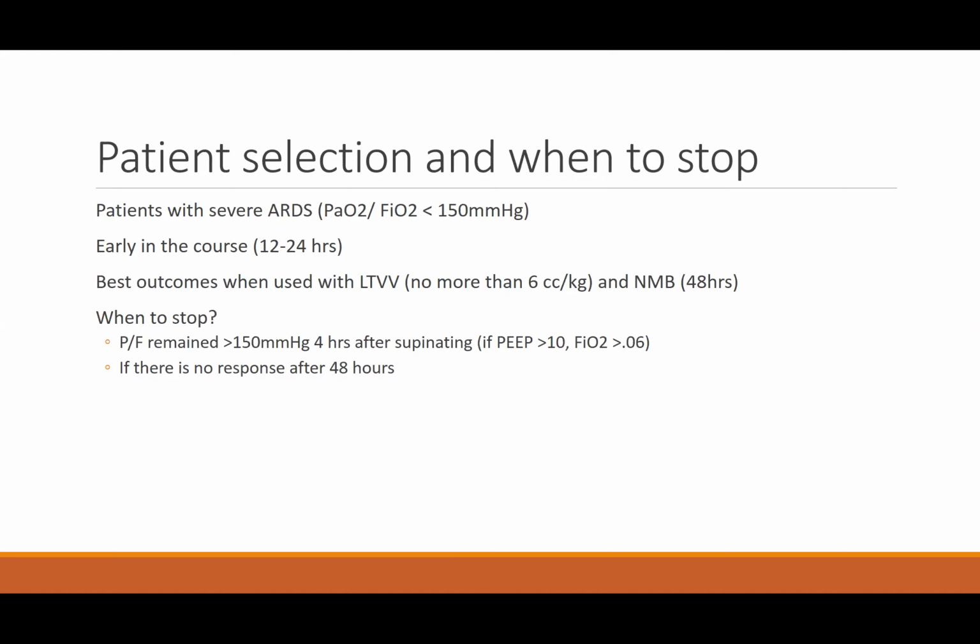Also, if their P to F ratio has remained greater than 150 for 4 hours after being supined, with a PEEP greater than 10 and FiO2 greater than 60, that tells us this person may be falling out of that severe ARDS category, and we may be able to use other therapies.